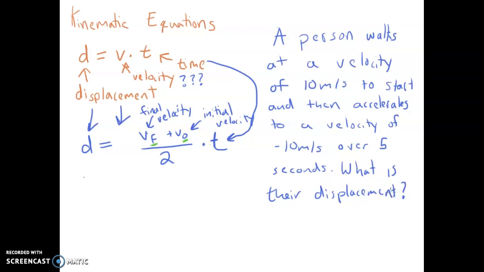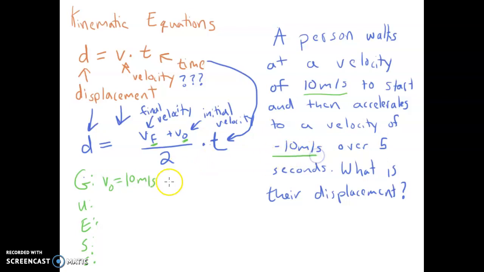Okay. Well, this is a perfect example of when we would actually use the equation above. So, like any question, we use GUESS to solve it. So I'm going to go ahead and use GUESS here. Our givens, right? Initial velocity was 10 meters per second.